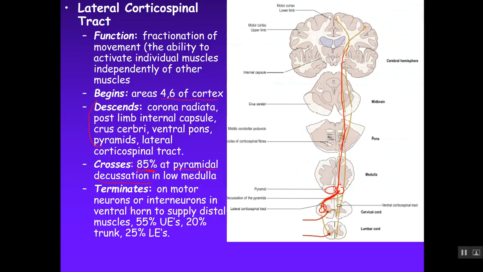It terminates in motor neurons or interneurons in the ventral horn to supply distal muscles. 55% of your nerve fibers in that lateral cortical spinal tract are going to upper extremity anterior horn cells, 20% to the trunk, and 25% to the lower extremities, because your upper body just requires so much more innervation. Again, that's a reason why when somebody gets damage to their cerebral cortex or lateral cortical spinal tract, the arm is often worse than the leg, because 55% is arm, okay?